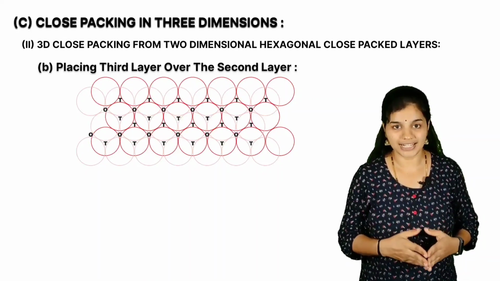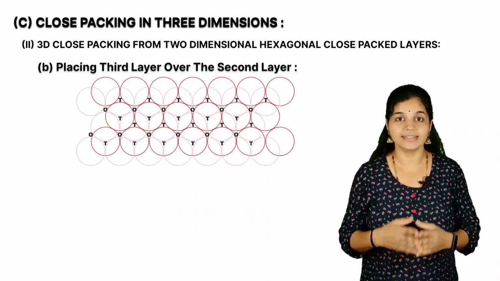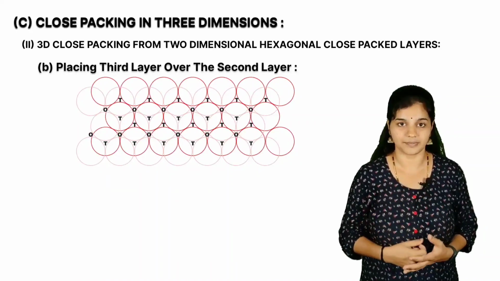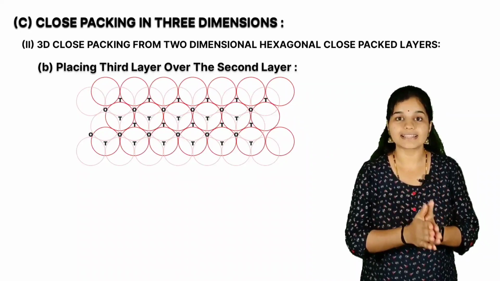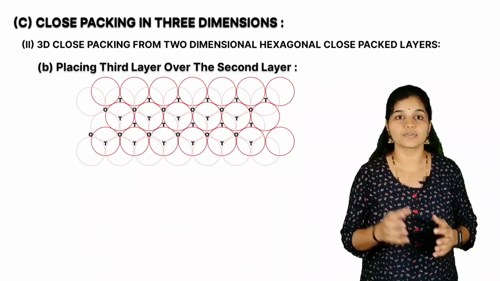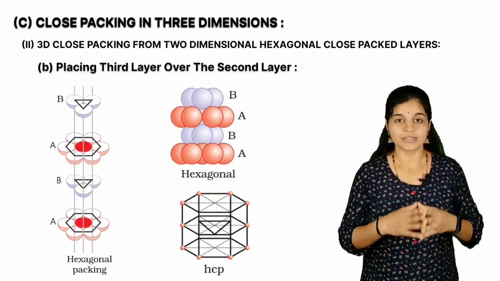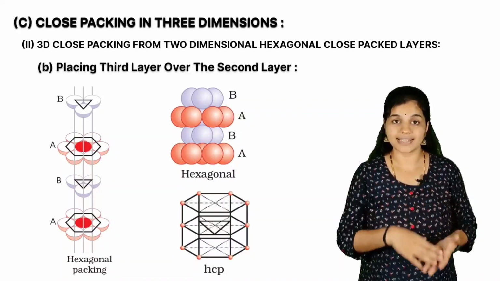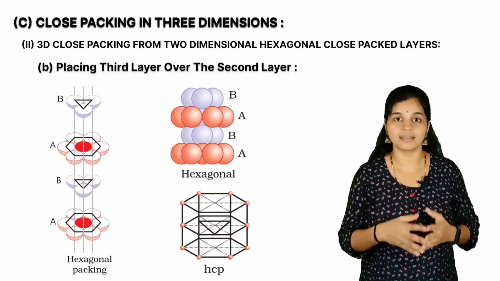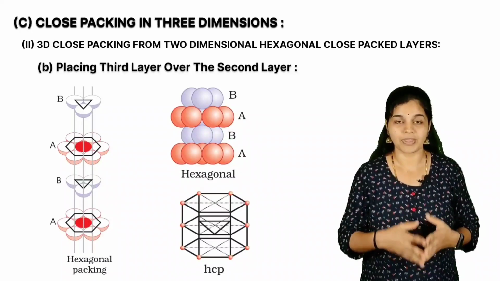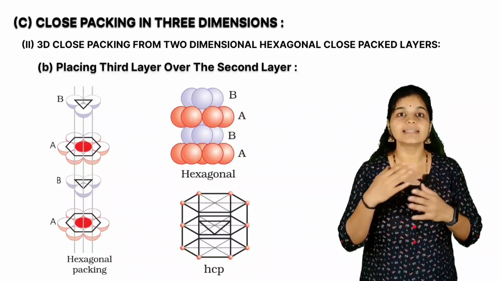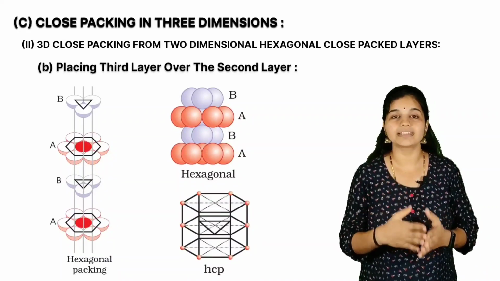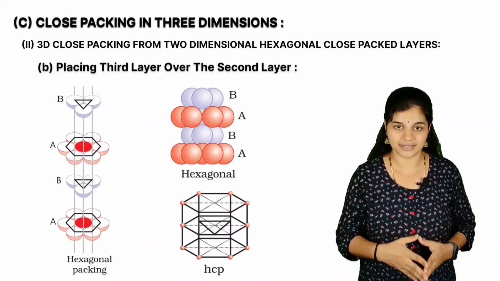Tetrahedral voids of the second layer are covered by the spheres of the third layer if the spheres of the third layer are exactly aligned with those of the first layer. So, if the first layer is A type, then the third layer is also of A type, whereas the second layer is B type. And this pattern of spheres is repeated in every alternate layer.